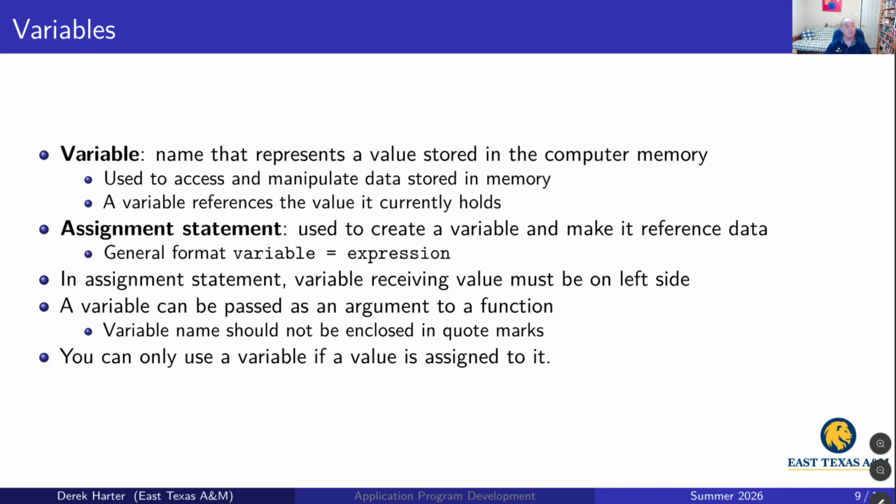In Python, it's really a reference to some address in memory that holds a value. We create a variable in Python by assigning some value, usually a literal value, although you can also execute some expression and assign the result into a variable.